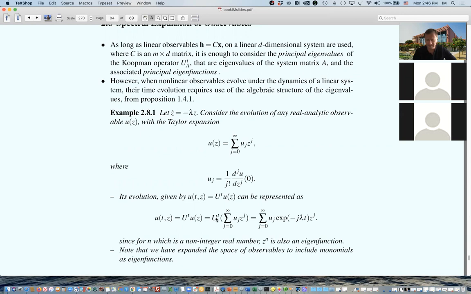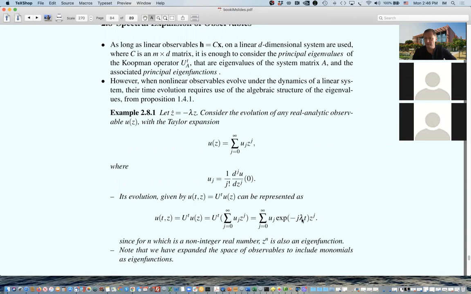The Koopman operator is linear. It passes through this sum to act. This is a coefficient, so that's constant. So it acts on the function z to the power j. And we know that U^t on z^j is e to the minus j lambda t times z^j.